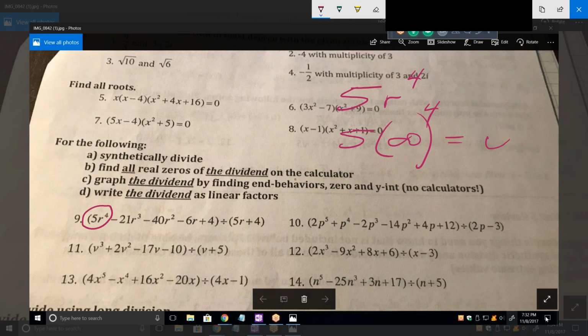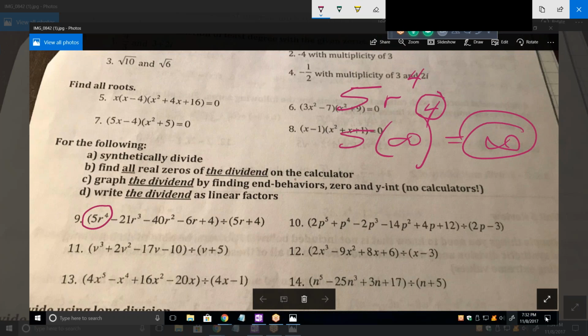Positive infinity. So that's the answer for the right-hand end behavior. And the fact that it is an even power tells us the left-hand end behavior is the same thing. If it was an odd power, the left-hand end behavior would be negative infinity.